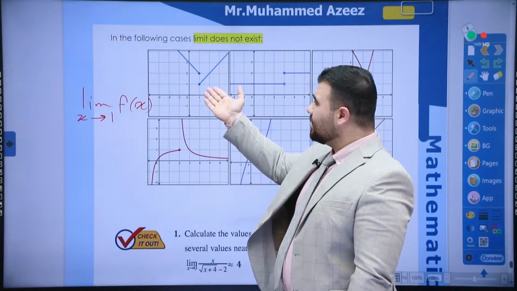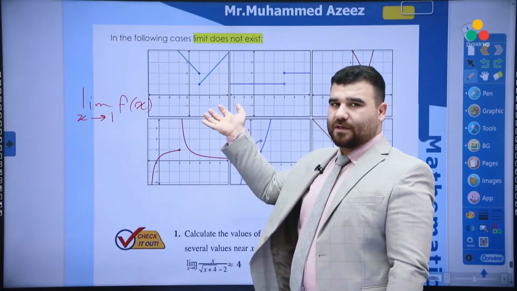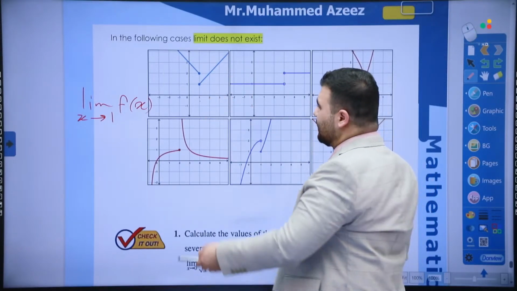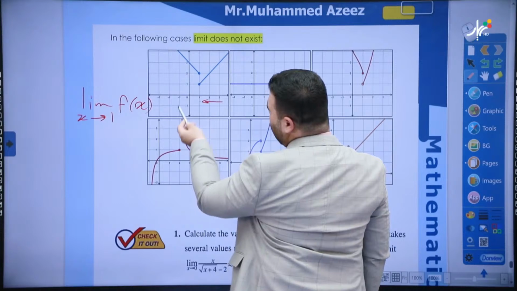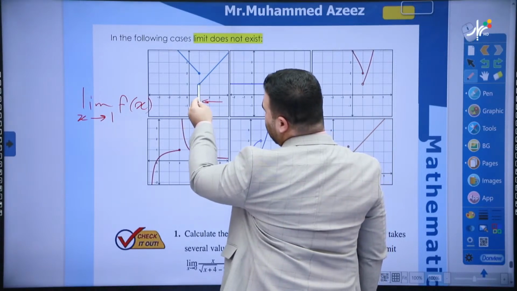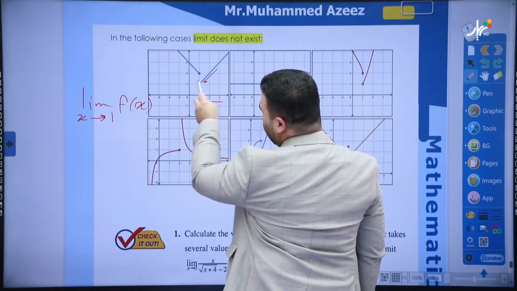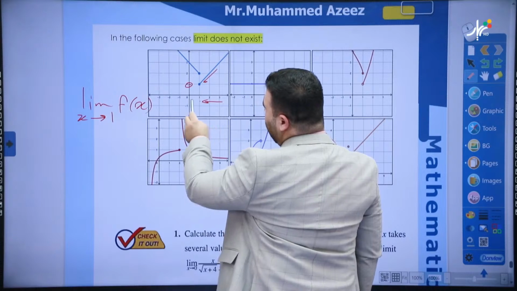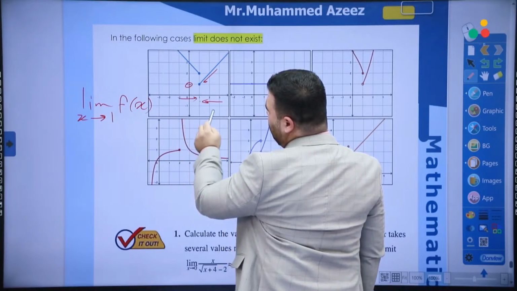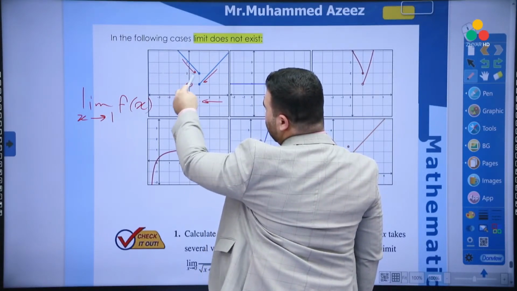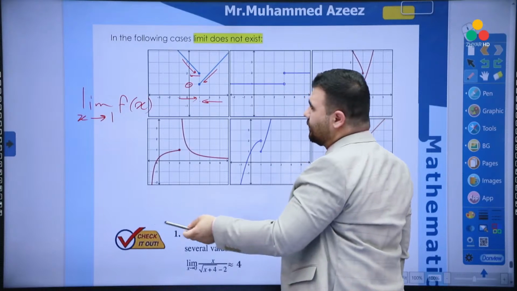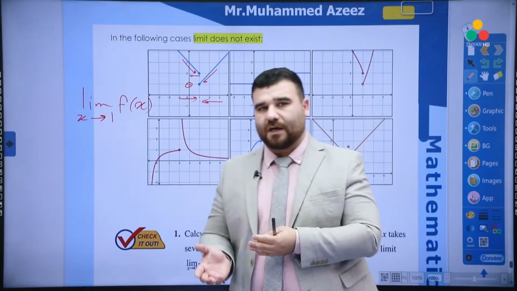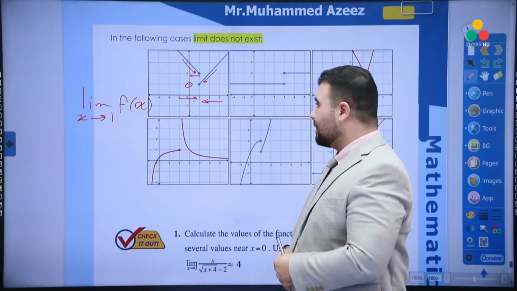Then since the graph is two pieces, I can directly say the limit does not exist. And the reason it does not exist, if I approach 1 on the right side, result is this graph, result is 1. If I approach 1 on the left side, is this graph, result is 2. Then 1 is not equal to 2, left limit is not equal to right limit, means limit does not exist.